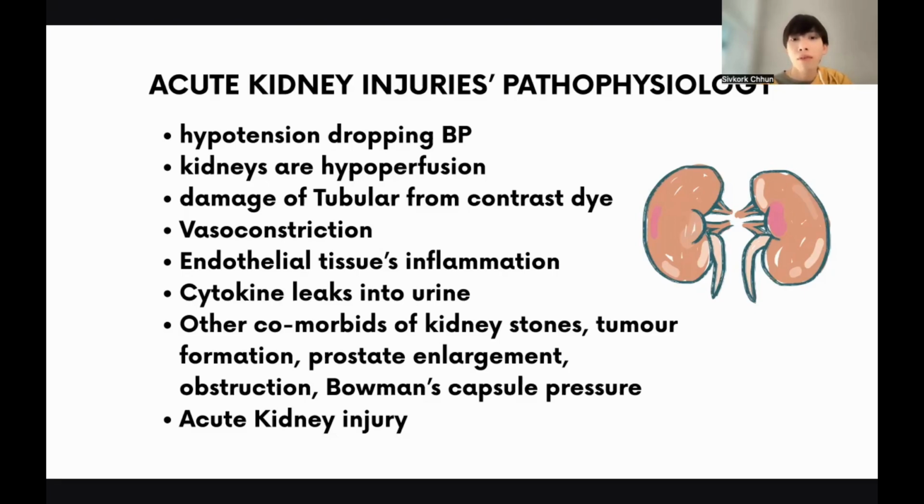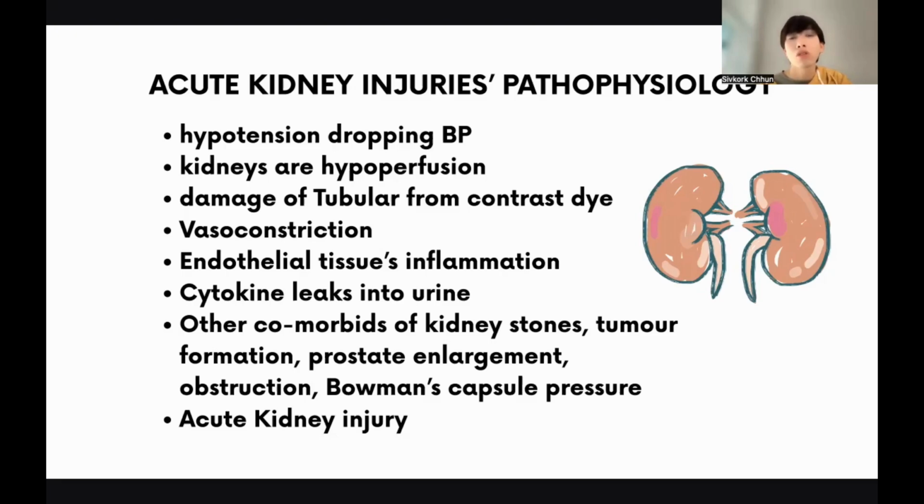The blood vessels are vasoconstricted due to an inflammatory response at the endothelial tissue, which releases high cytokines, chemical proteins that can then leak into urine, causing cloudy urination. These chemical proteins leaking into urine and vasoconstriction result in temporary kidney injury. So it damages the kidney, but short term, temporary.